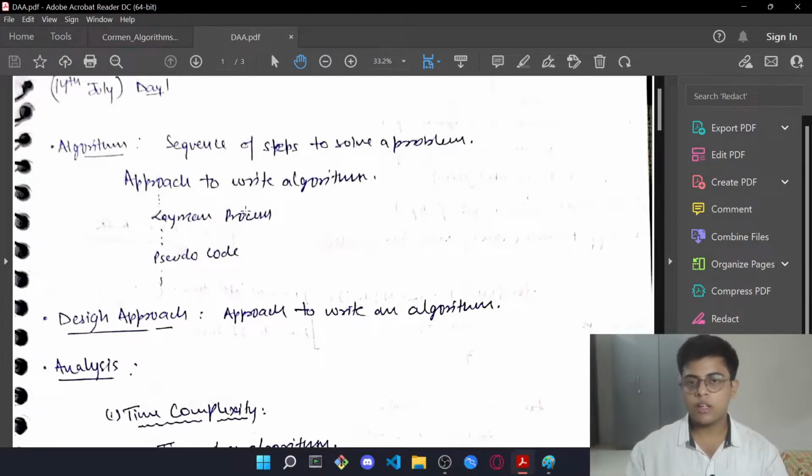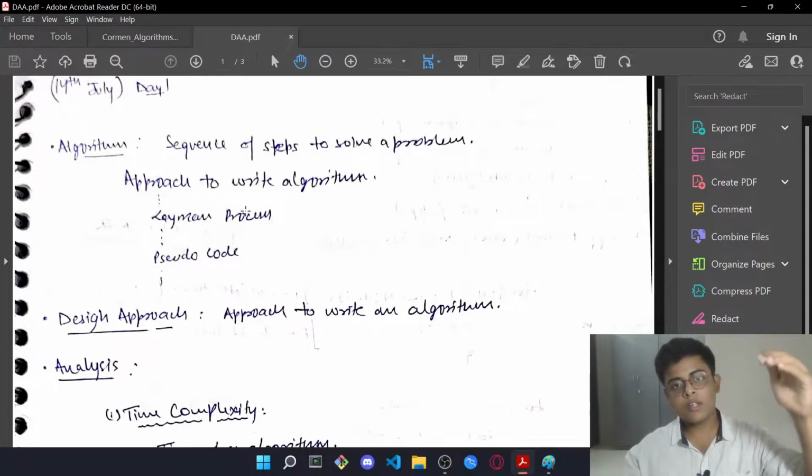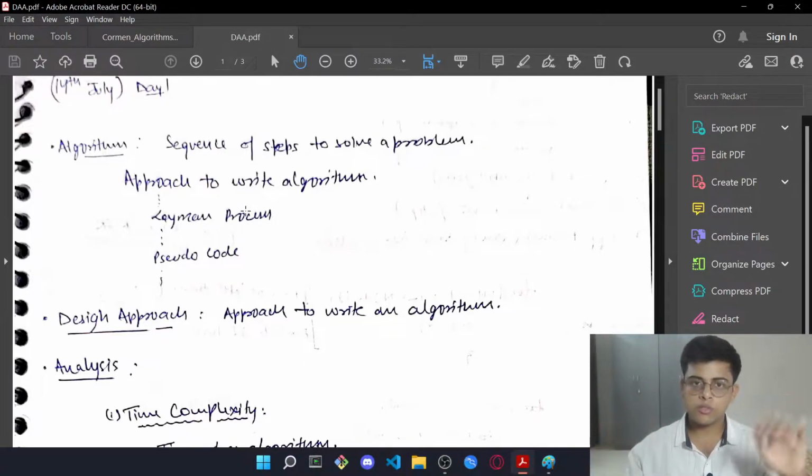So first you think about the problem and see what the possible approach is by a layman process. Then you eventually form a pseudocode. This pseudocode will further be changed into a program. We are not looking into that. This was just about how to approach writing an algorithm.